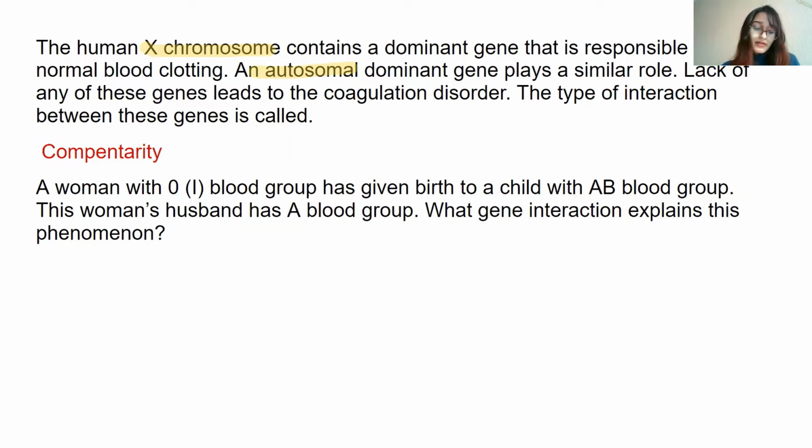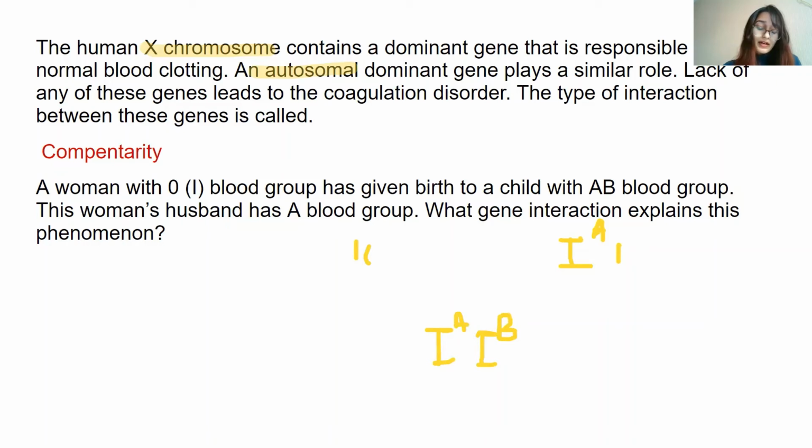So you see, if we consider the Bombay phenotype, the father has A blood group and the child has AB blood group.